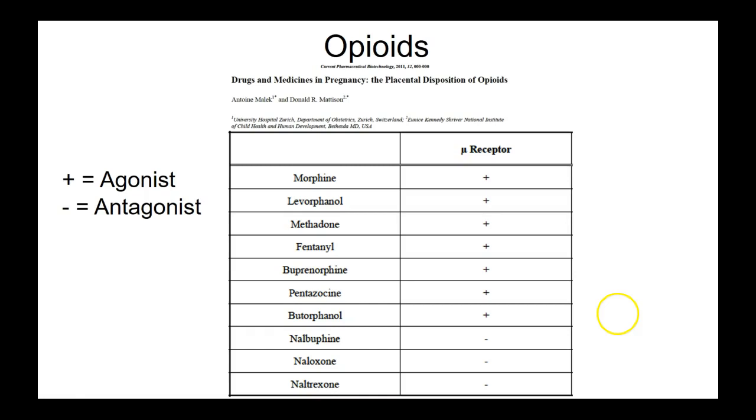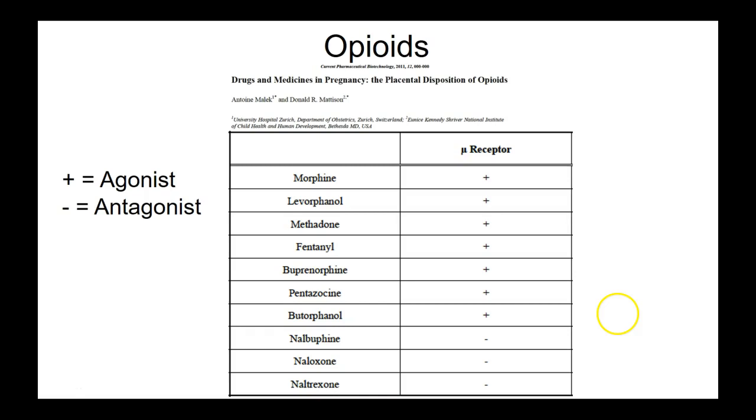So if you want to wean somebody off of opioids, you can use methadone. The one that is probably not used enough is this antagonist naloxone. Here we're talking about blocking the receptor.